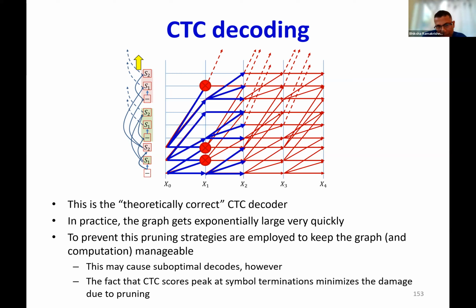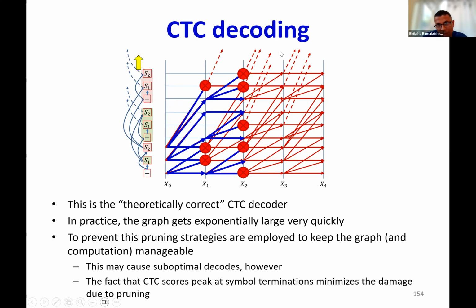And then at the next time instant, you're going to expand only the 4 that survived. The 4 that survived can still give you a fairly large number of nodes activated at the next column. But then again, from those nodes, you only retain the best 4. And then you're going to expand those 4 again to the next instant, and then retain the best 4.